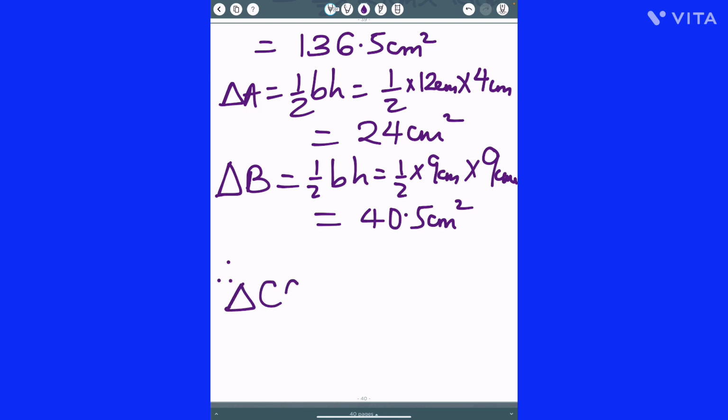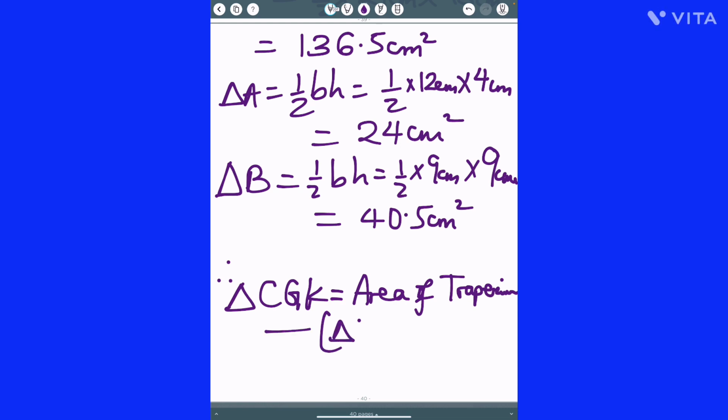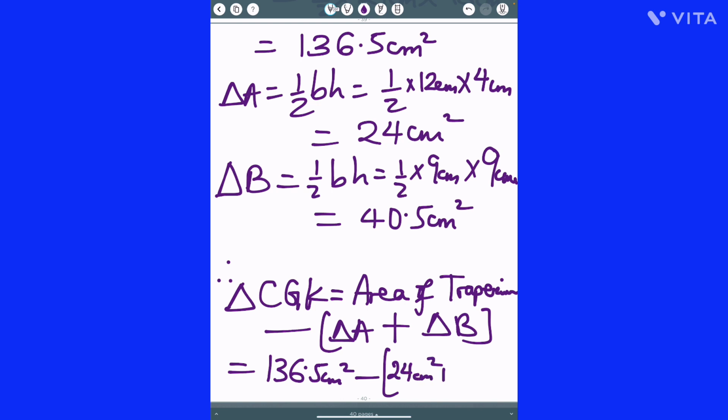So the area of triangle CGK that we need is what? The area of triangle CGK that we need is area of trapezium minus area of triangle A plus area of triangle B. So that will give us what? 136.5 centimeters squared minus what? 24 centimeters squared plus 40.5 centimeters squared.